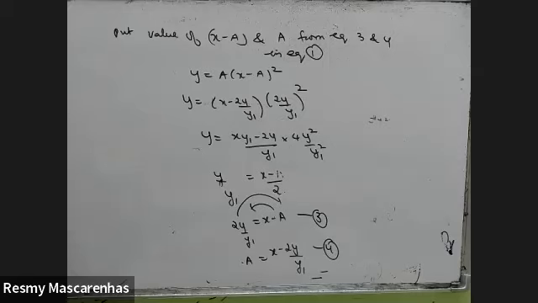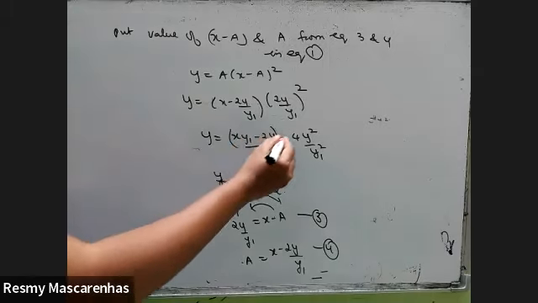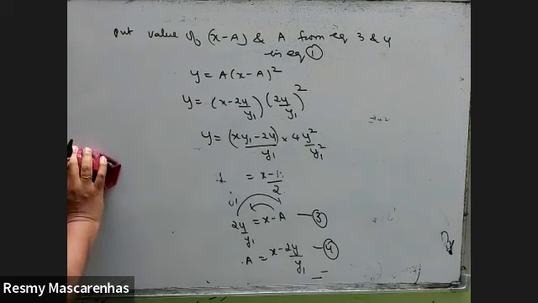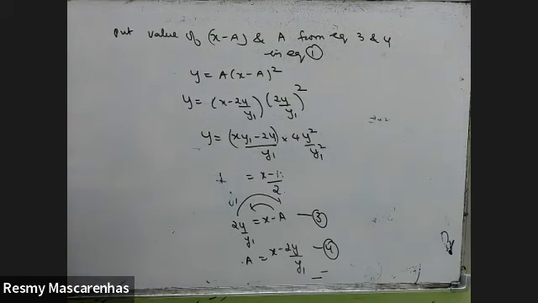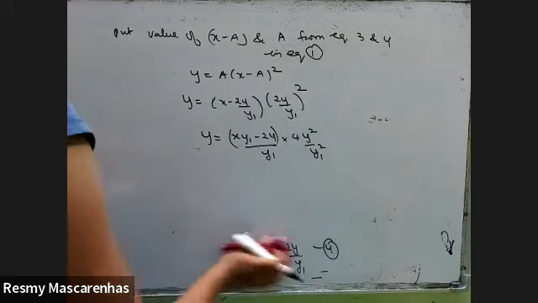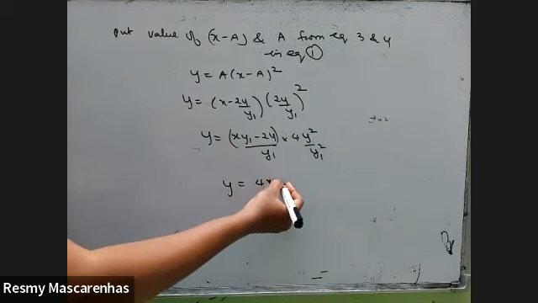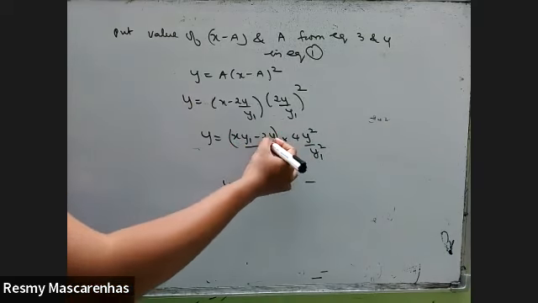Now multiply this 4y2 inside. This will be 8.